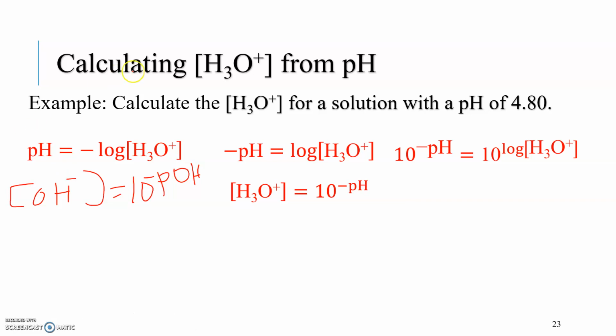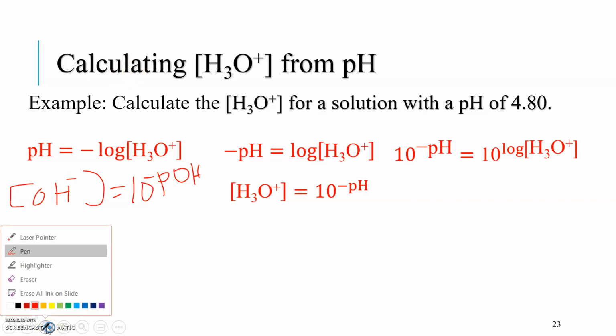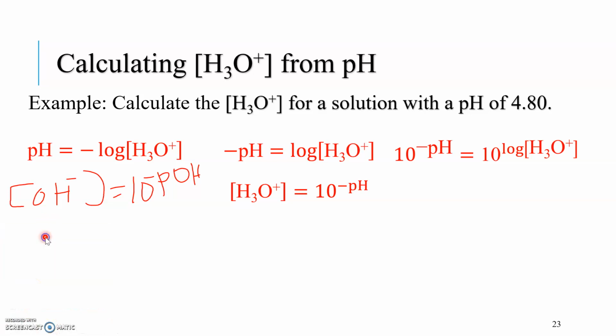Again, if you don't know how to algebraically manipulate the log function, you have to memorize these relations: the concentration of OH minus is equal to 10 to the negative pOH, and the concentration of H3O plus is equal to 10 to the negative pH.